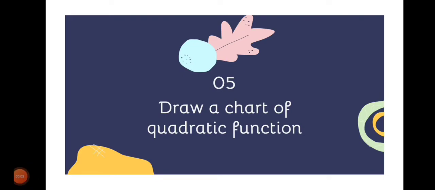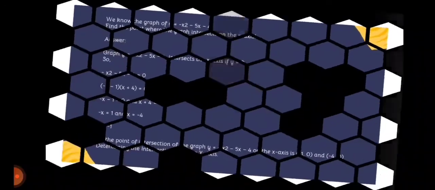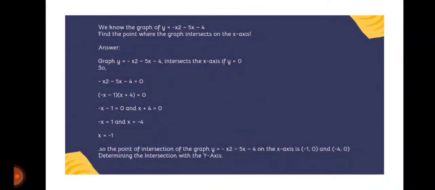Draw a chart of quadratic functions. We know the graph of y equals negative x squared minus 5x minus 4. Find the points where the graph intersects the x-axis.